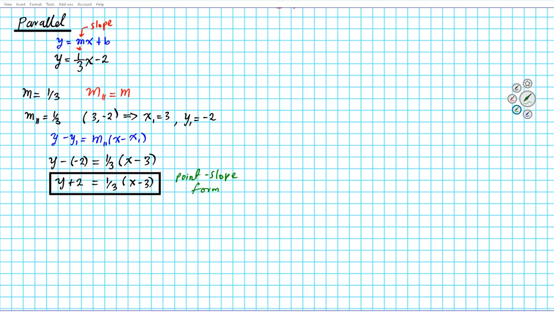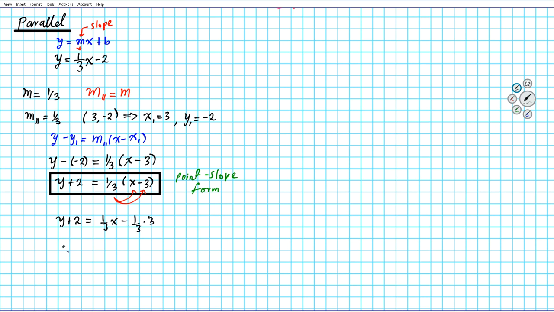So in order to get the slope intercept form, all we just have to do is isolate y. Okay, simplify and isolate y. So we're going to do that by distributing 1/3 across these two terms right here to get rid of that parenthesis. When we carry out that distribution, we're going to have y plus 2 is equal to 1/3 x minus 1/3 times 3.